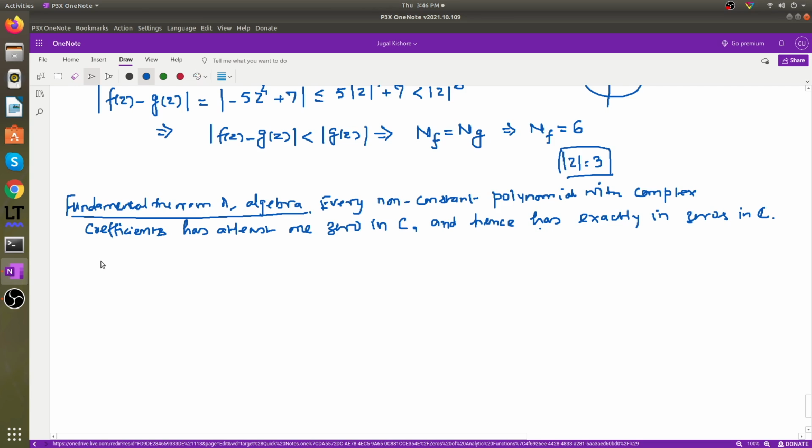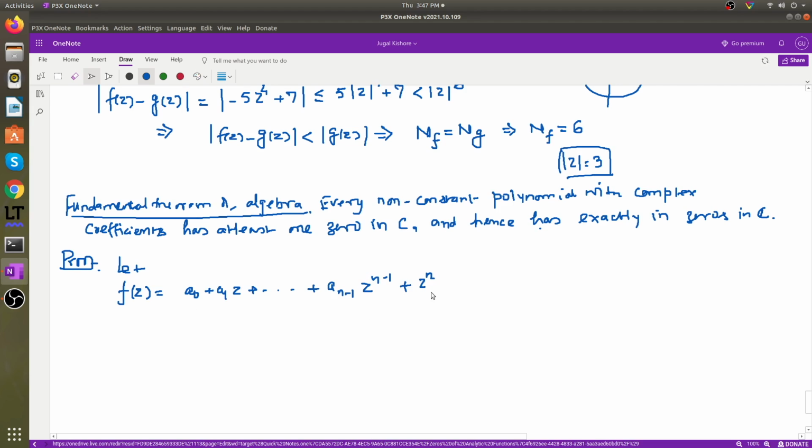To prove this, let there be a non-constant polynomial f(z) = a0 + a1 z + ... + a_{n-1} z^{n-1} + z^n.